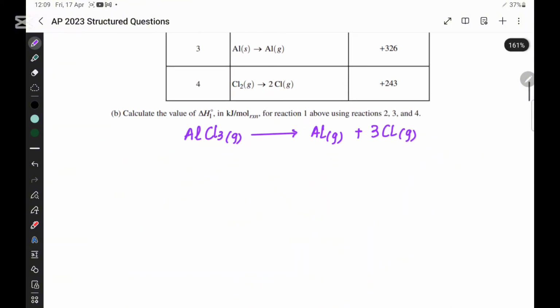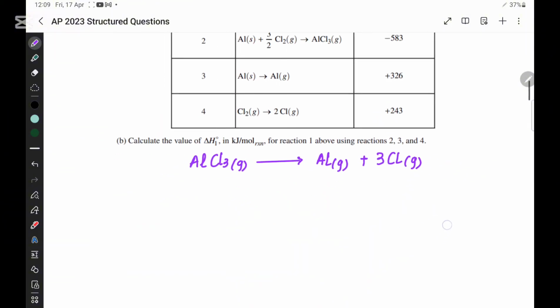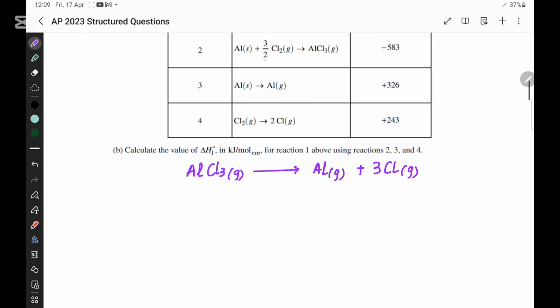So we have these equations, and this is representing enthalpy of formation because it is forming 1 mole of a compound from its elements. So the elements I'm going to write here: Al solid plus 3 by 2 Cl2 in gas form, and I'm going to put it in a rectangle like this.